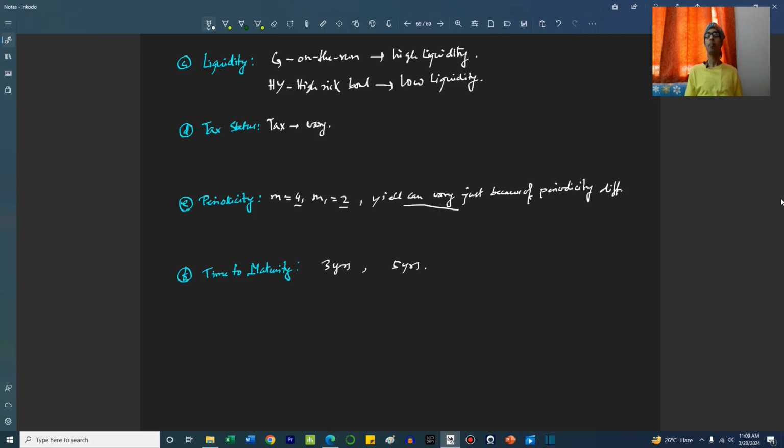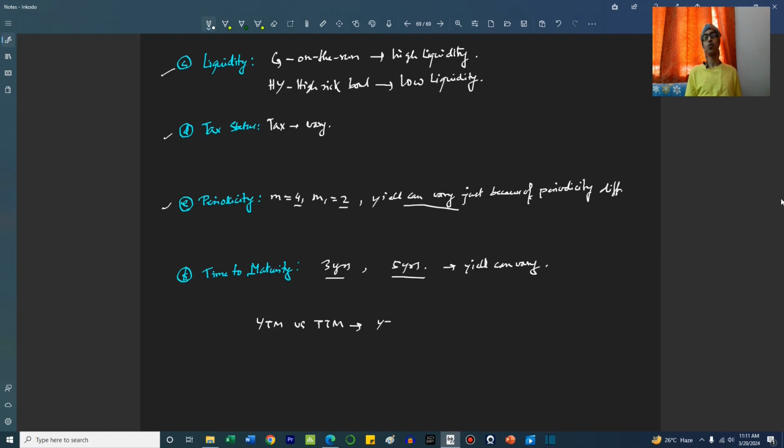Now, even if the periodicity, tax status, liquidity, credit risk, currency, every other factor is identical, just because of this one factor, that one bond is maturing in 3 years and the other bond is maturing in 5 years, there will be differences in yield.